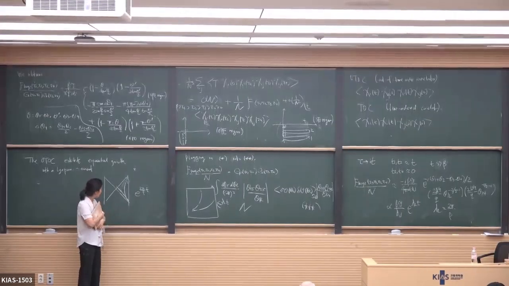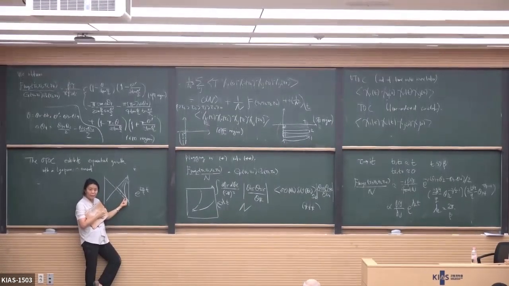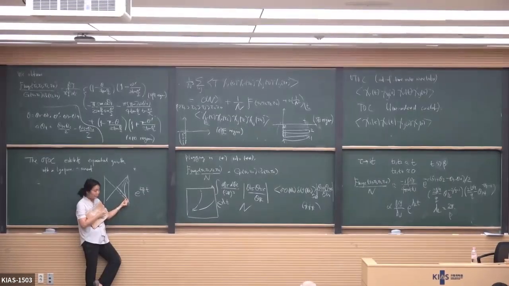And it was pointed out that when you release a particle from the boundary, even if it carries a very small energy, at later times, the energy of the particle is blue shifted from the point of view of the boundary. So you should think of a shock wave in the bulk geometry.